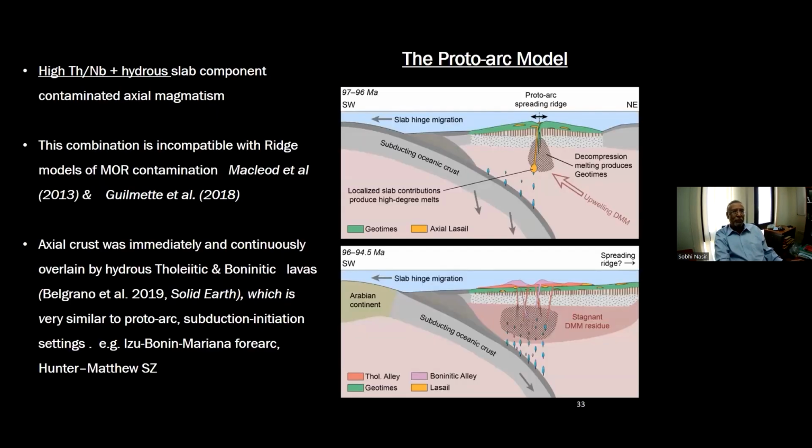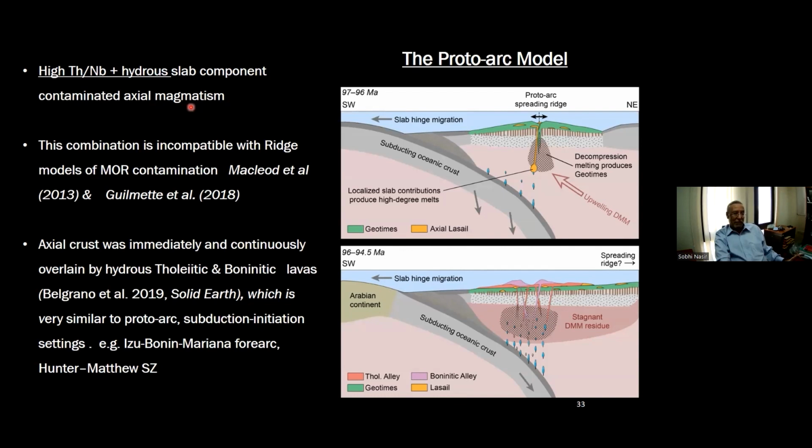On the other hand, for the proto-arc model, by analyzing chemically different rocks and different volcanics, they found that these rocks contain high thorium, niobium, plus a hydrous slab component, contaminated axial magmatism. So these are the main characteristics they found.